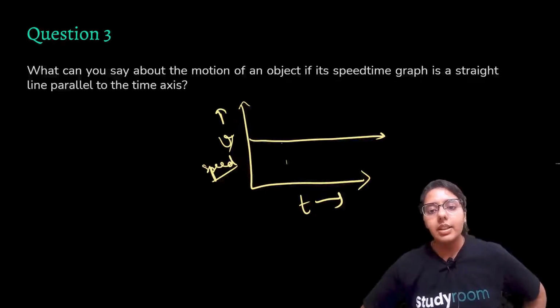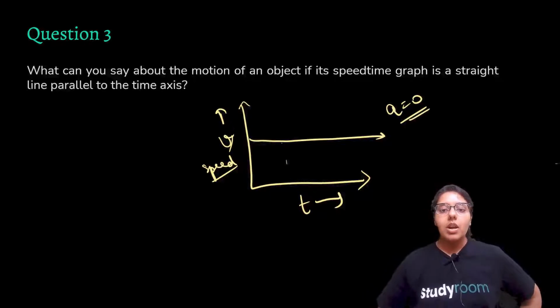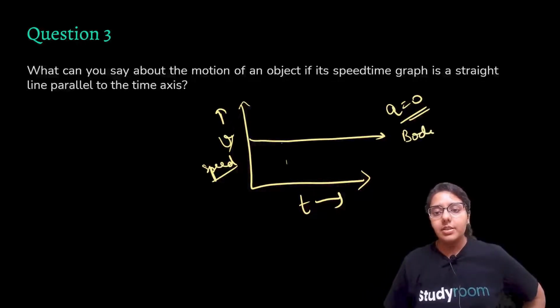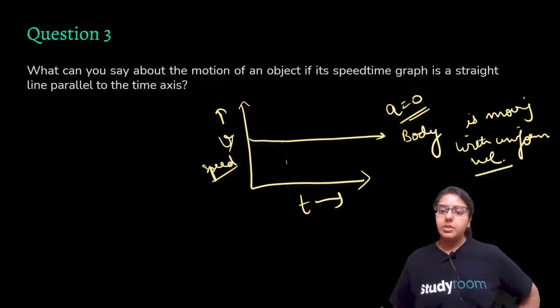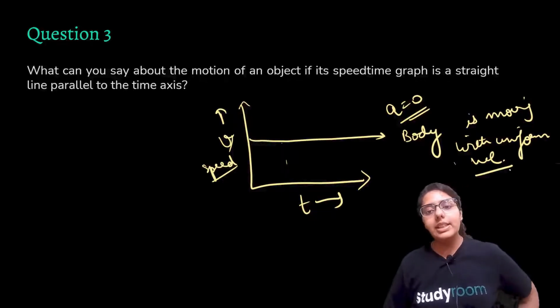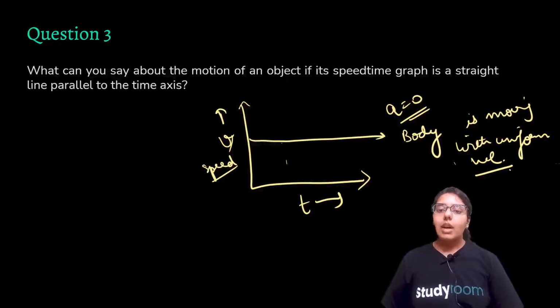What does that mean? Your acceleration is 0, or your body is moving with uniform velocity. Your velocity is constant throughout, so acceleration is 0.